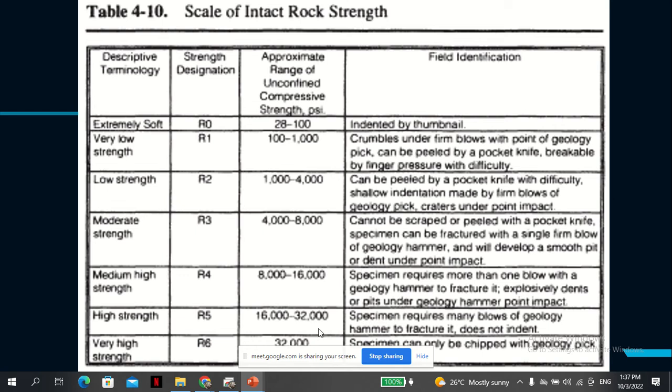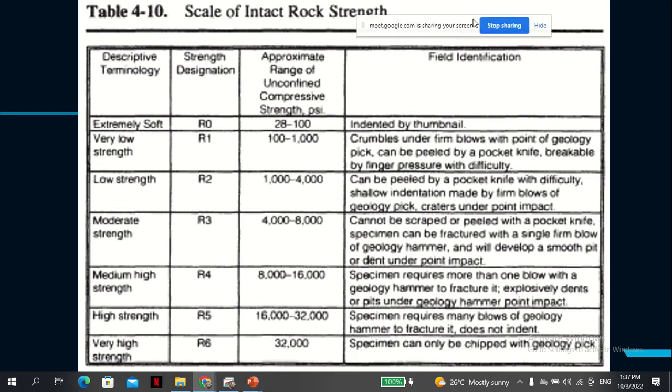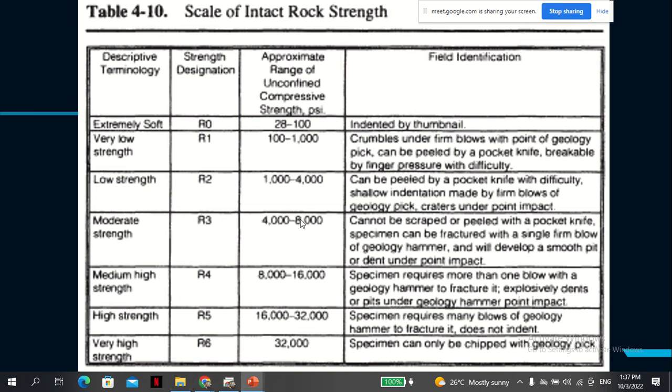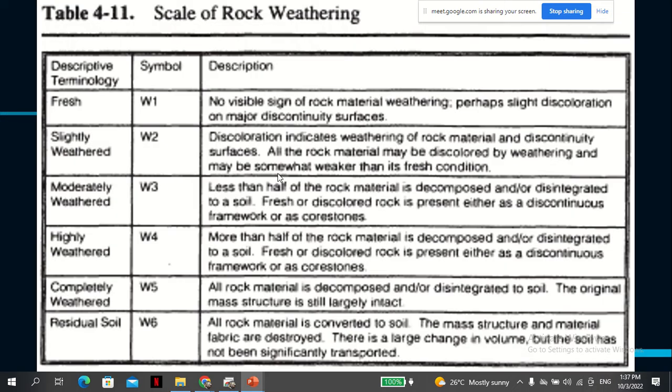This is very good, high strength, and then above 200 is... Sorry, this one is blocking. So that's a very good strength, we should say.